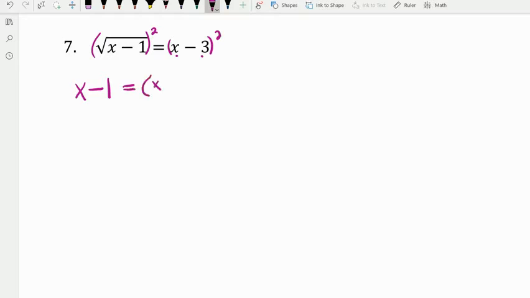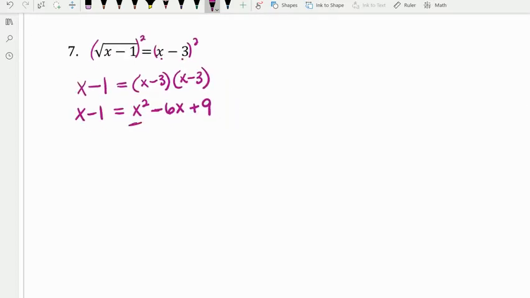But on the right side, I've got to do x minus 3 times x minus 3 and do my distributing. So then we'll get x minus 1 equals x squared minus 3x would give us a minus 6x. And then negative 3 times negative 3 is positive 9.